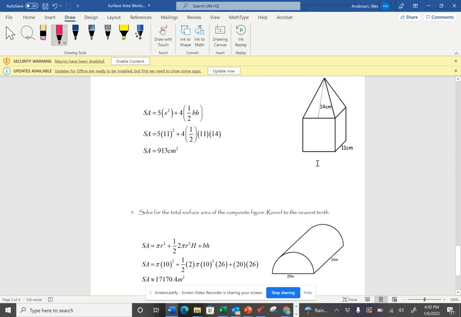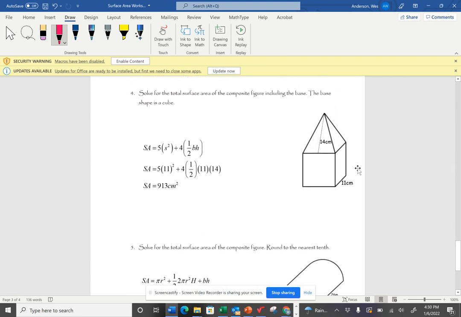All right, let's check out our last two here. So we have right here, it says solve for the total surface area of the composite figure, including the base. And the base shape is a cube, so they let you know that. So that just tells us that this is 11, that's 11, this is 11.